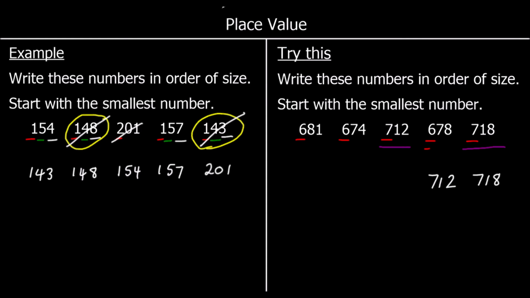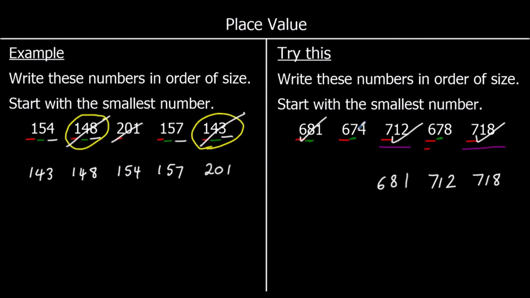And then we can look at the numbers with 6 in the hundreds. So we then look at the tens. We've got one with 80 and 2 with 70. So the one with 80 is bigger than both of the ones with 70. So that's the next biggest number, 681.